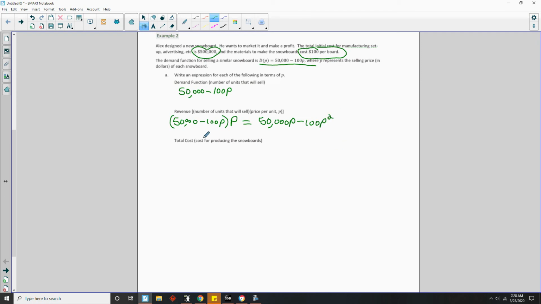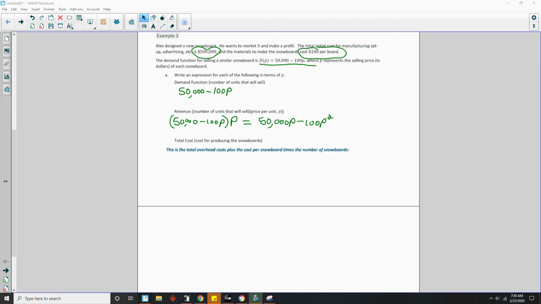And then total cost of producing the snowboard. Okay, well this is the total overhead cost. Total overhead cost plus the cost per snowboard times the number of snowboards. Since this is the total overhead costs plus the cost per snowboard times number of snowboards, our initial total overhead cost is $500,000.